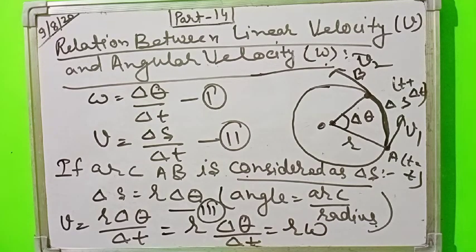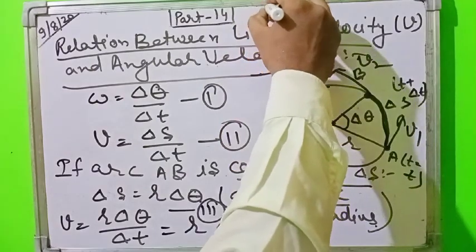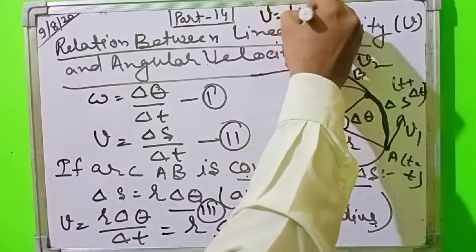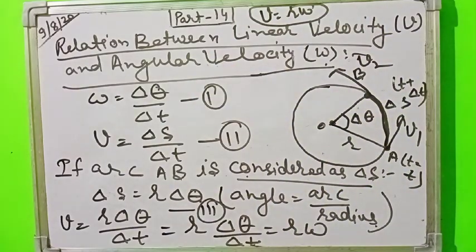So v is equal to r into omega, and this is the relationship between angular velocity and linear velocity.